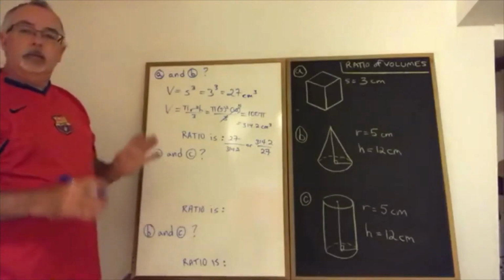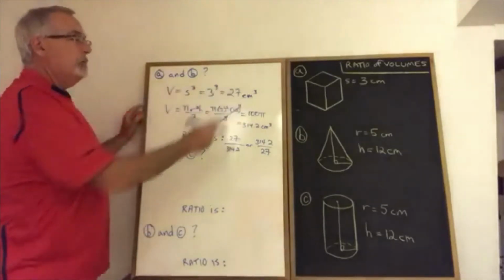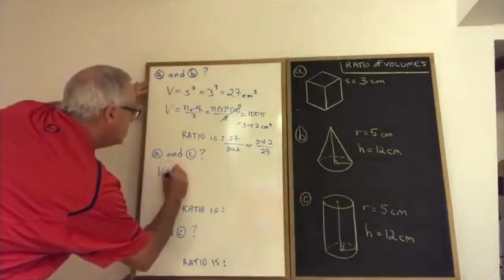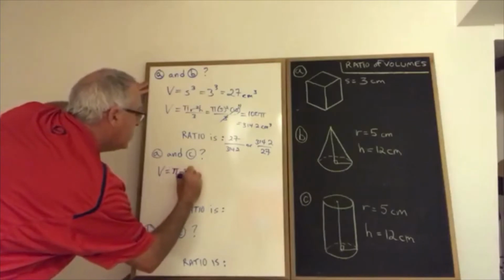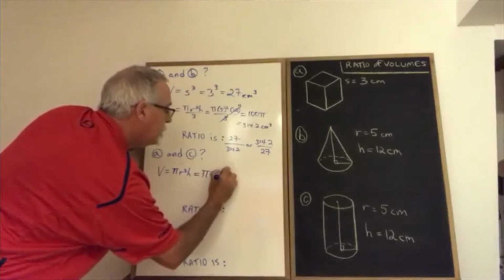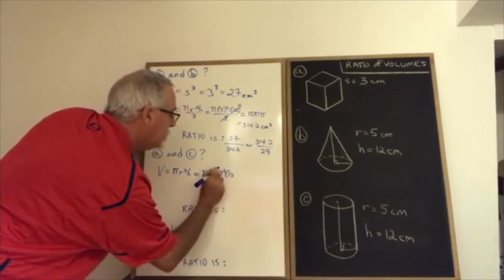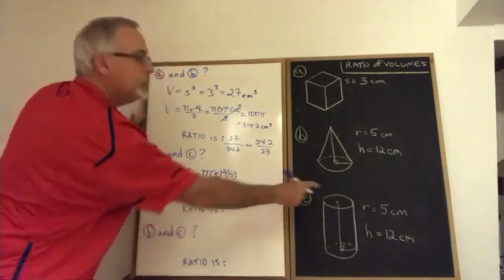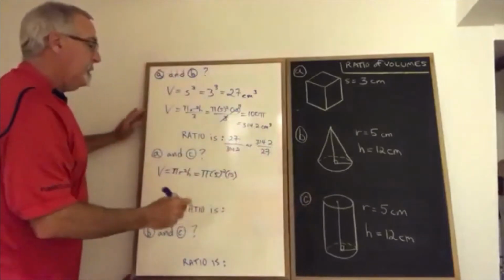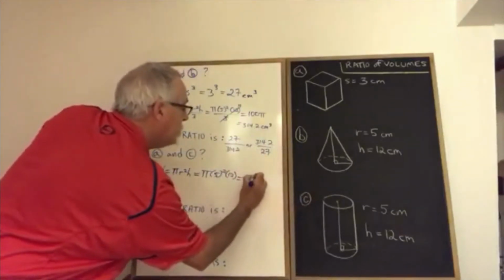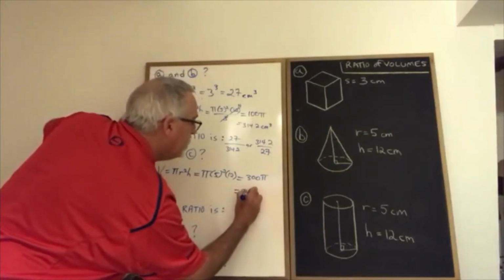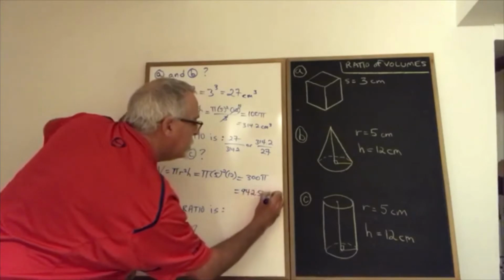Now we can do A and C, and it'll be a little bit less work because we've already done the volume of the cube A. So we need the volume of the cylinder C. The volume is pi r squared h, which in this case is pi 5 squared 12, because I happen to have given the cylinder the same radius and the same height as the cone we had for B. That's going to be 300 pi, and therefore it's equal to 942.5 centimeters cubed.